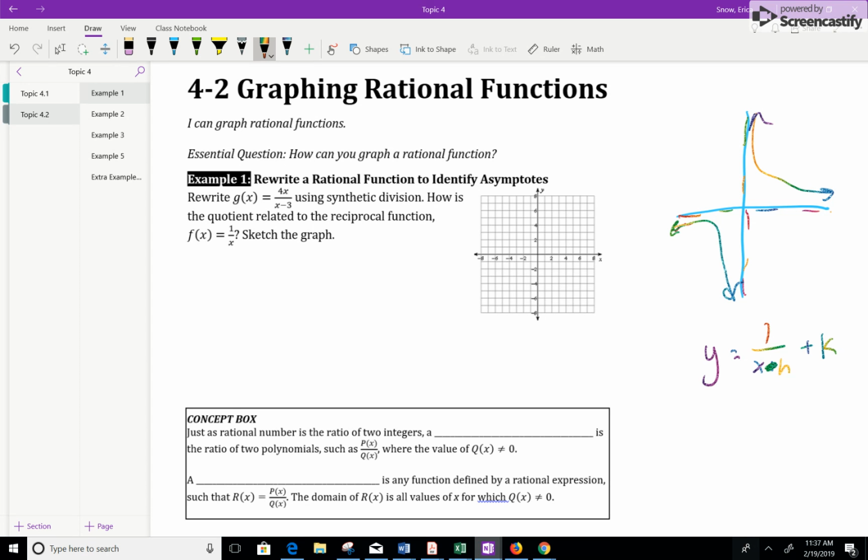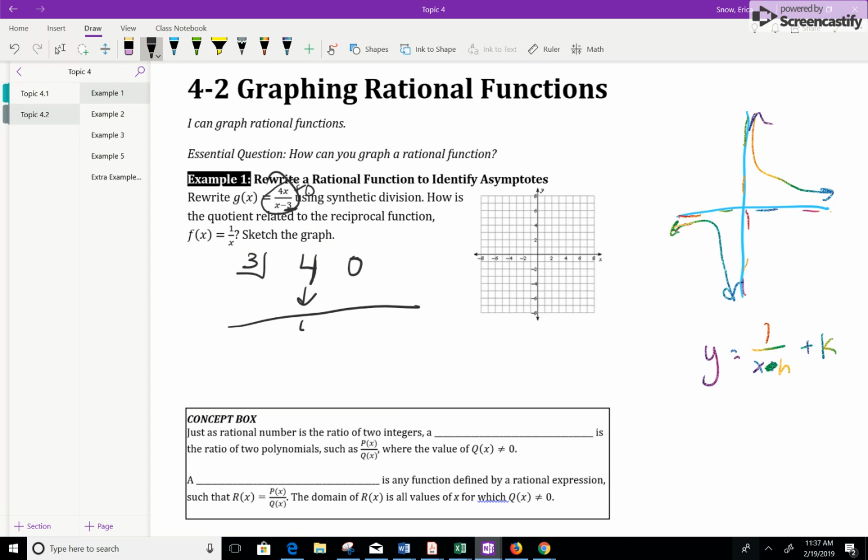So right now we're going to go way back to topic 3, and we're going to try to remember how to do synthetic division. So we're going to rewrite this using synthetic division. So top divided by bottom. That means that we're going to have 4 as our leading coefficient, and we have 0 because this is like plus 0 over here. And then in our box is our 3.